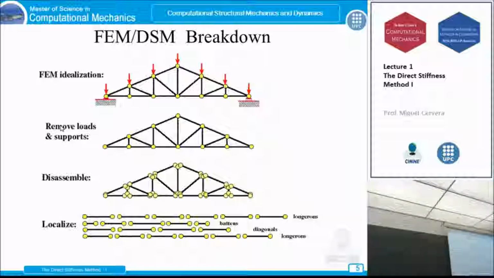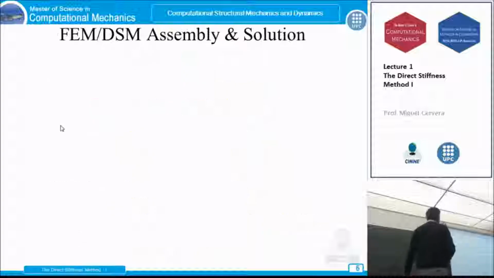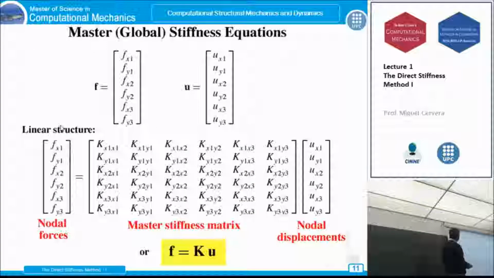We are identifying the pieces of the structure. This is the breakdown. Now, once we have done the breakdown, we are able to consider one generic element at a time. So we take one element and we say, now, what do we do with this element? We pass to the second phase.